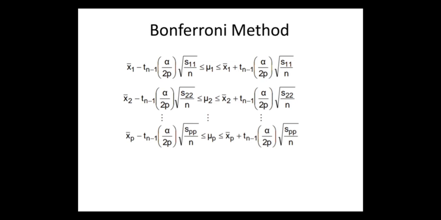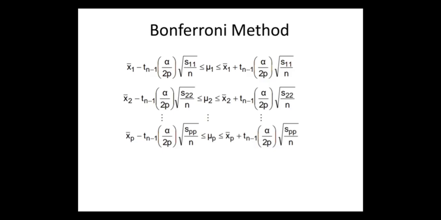So apa beza between T-square interval and Bonferroni method interval? Okay, so actually the simultaneous confidence interval for Bonferroni can be developed that are shorter than the simultaneous T-square interval.